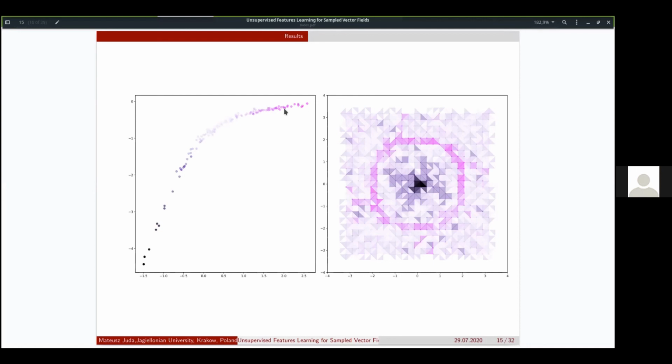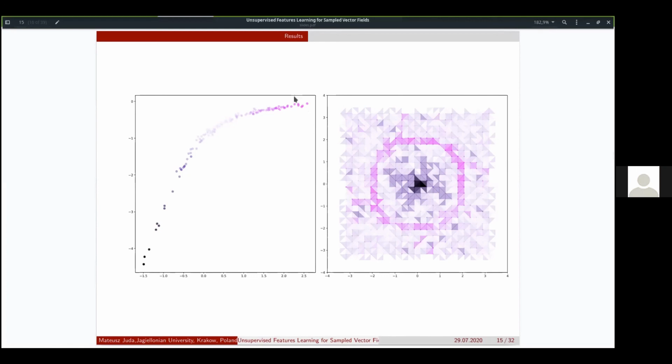And with such embedding and such colors, we can now put that information into the simplicial complex, which we have from the Delaunay triangulation, and we can color each simplex in the simplicial complex according to the colors of the embedding. And what we can notice here is that the encoding captures the periodicity.